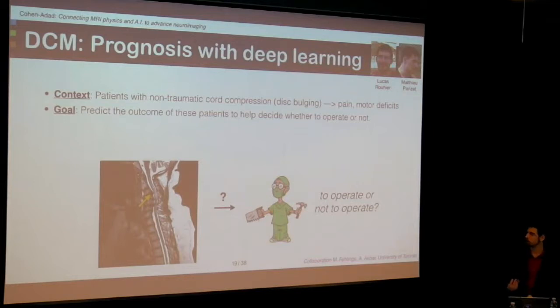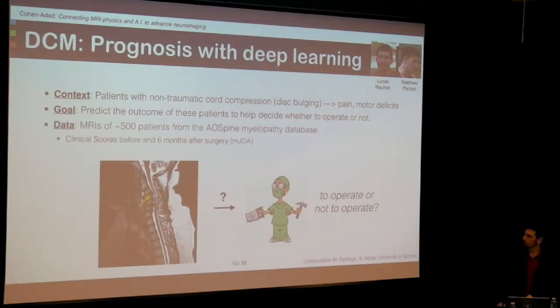Usually neurosurgeons, which we collaborate with, the team of Michael Fehlings at Toronto Western Hospital, on a daily basis face the problem of receiving patients and having an MRI like that, and not knowing whether they have to operate on the patient or not. Knowing that operating on those patients also has a great risk because they are touching a very sensitive area here.